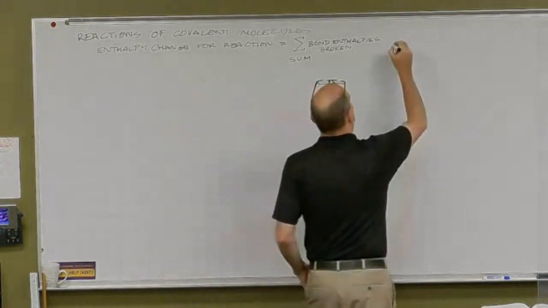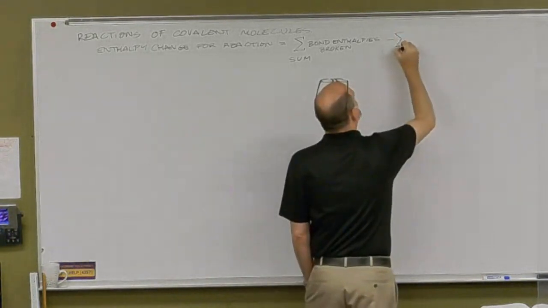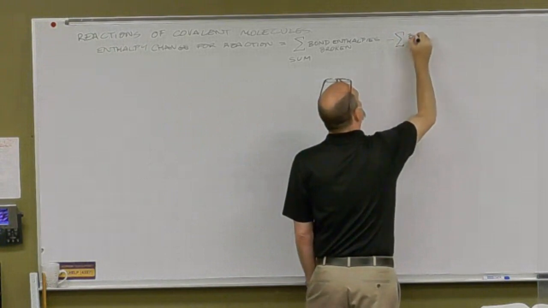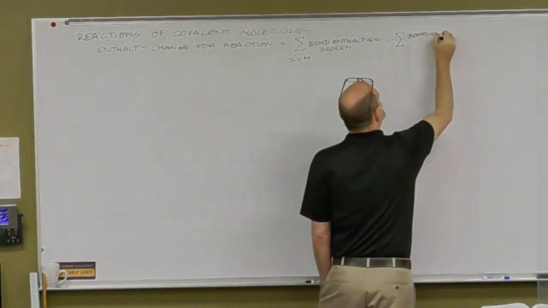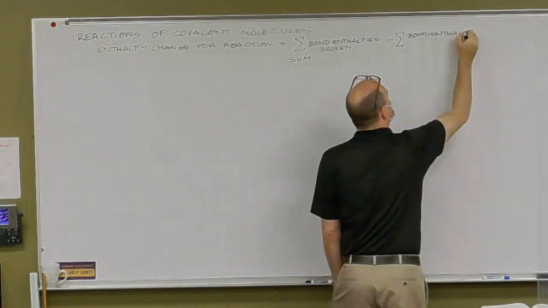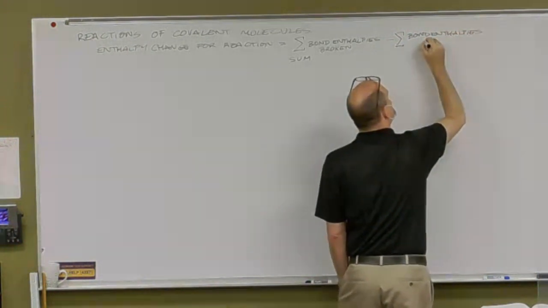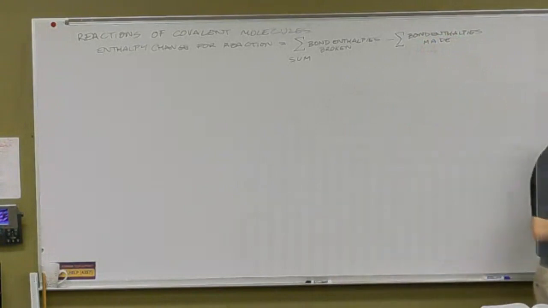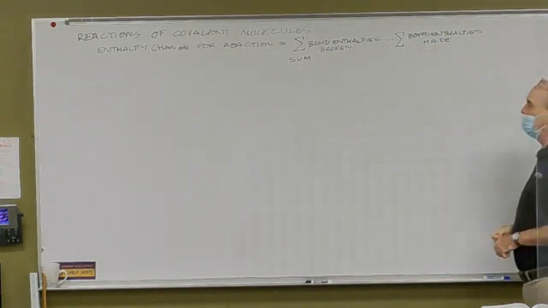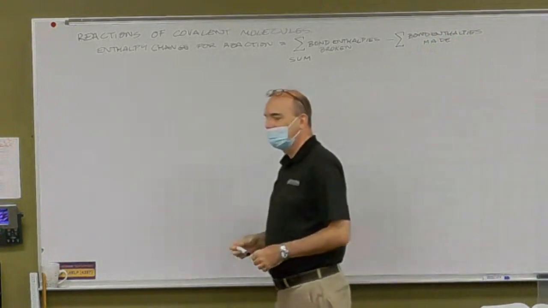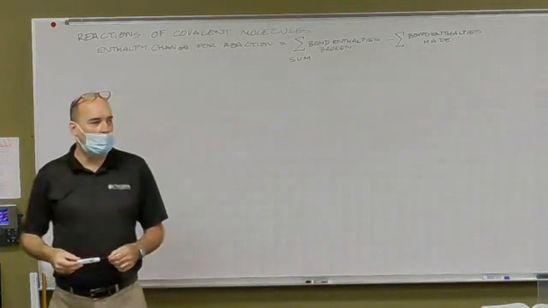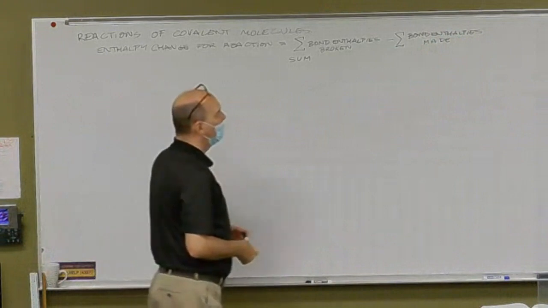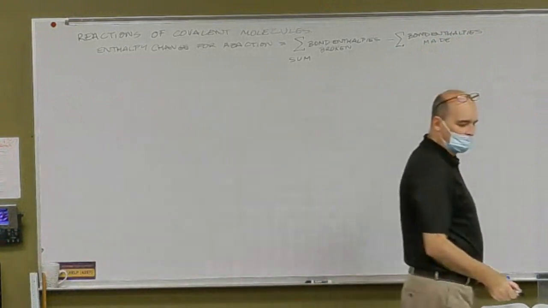You don't have to repeat it. Add together all the enthalpies of the bonds that have been broken, and then subtract from that all of the enthalpies of the bonds being made.